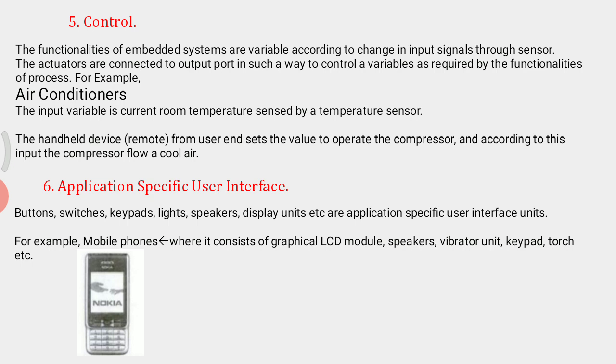Speakers are required, a vibrator unit, a keypad, and there will be a torch also. Many other units are built into mobile phones. All these units give an interface for operation of the system by the user.